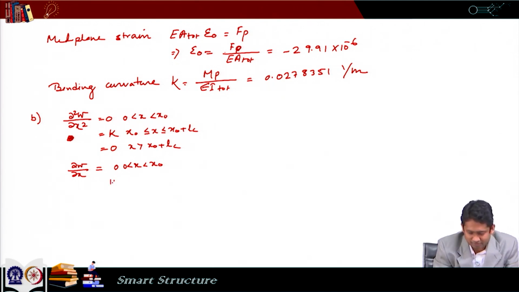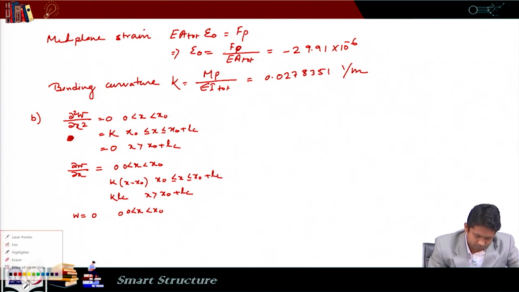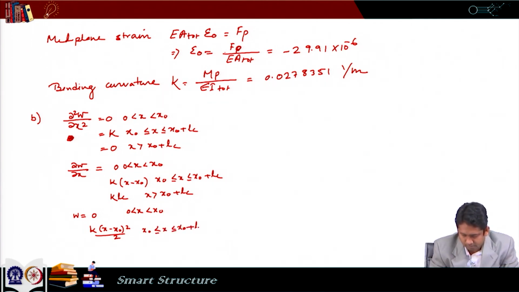So, after doing that we get this as the expressions, and similarly to find out W we have 0 and we have K multiplied by kappa multiplied by x 2 and we have kappa multiplied by LC square by 2 plus kappa LC multiplied by x minus x 0 minus LC.